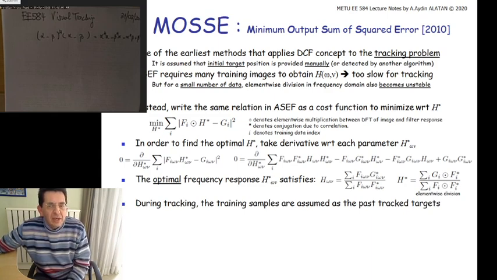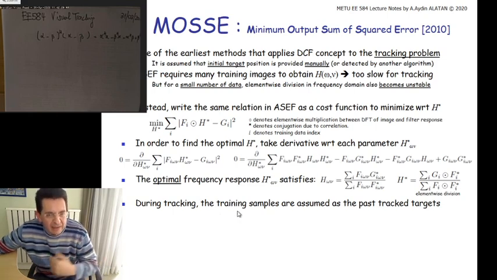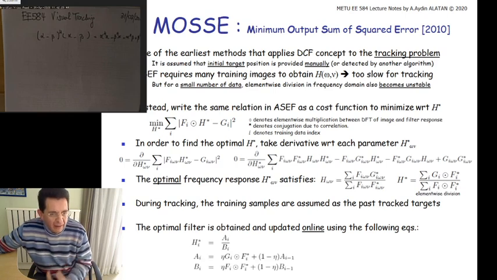MOSSE is using this filter, but the only concept here is, hey, should I do this every time from the last 100 frames, 10 frames, 5 frames? During tracking, we have to do something else so that it will be a good update in time. They used a little trick to make it online. The trick is this. Hey, this h consists of a numerator and denominator.